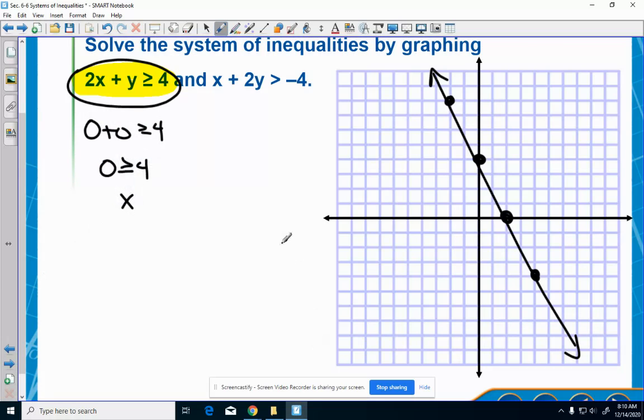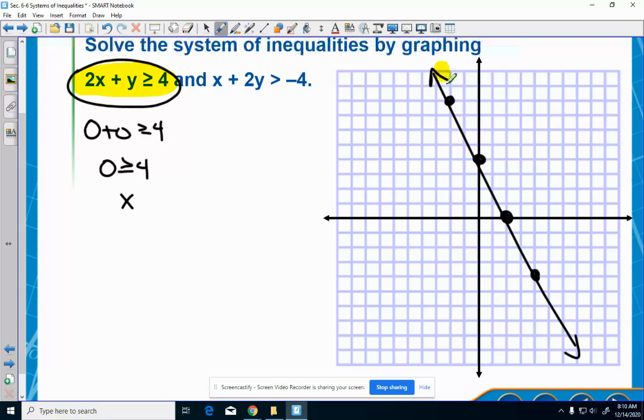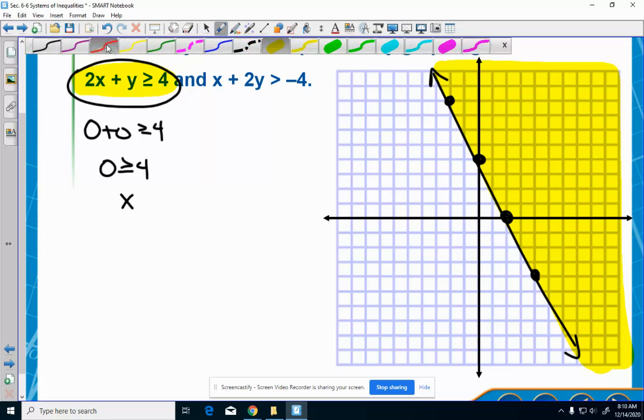I would say no. So since 0, 0 is over here on the left side of the line, and that was a no, then I'm going to want to be on the right side of the line. So what I'm doing right now is creating solutions to the first inequality. Remember, this is graphing by its standard form, and not necessarily y equals mx plus b.